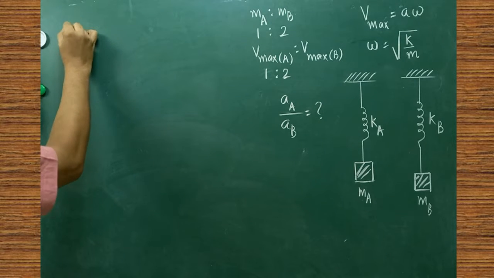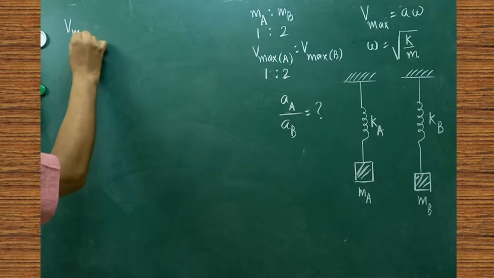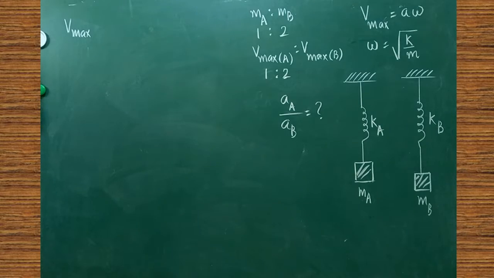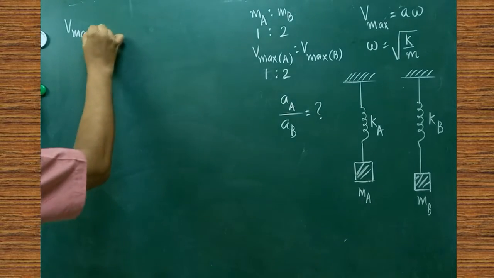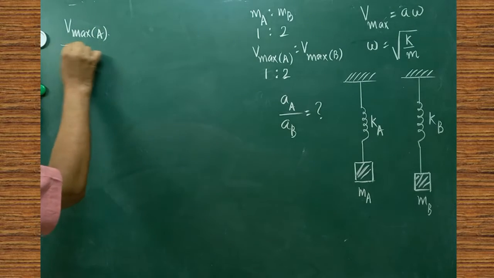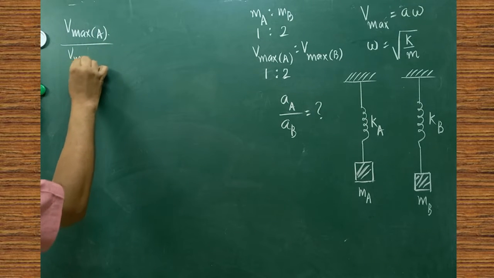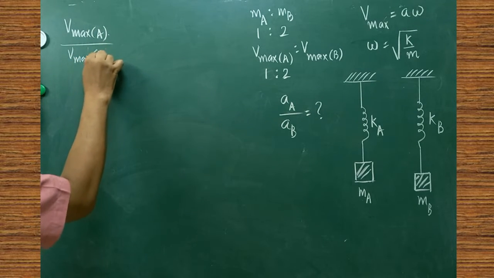How to start? Here the fundamental formula Vmax is to be written for the first system. Vmax A divided by Vmax B can be written.